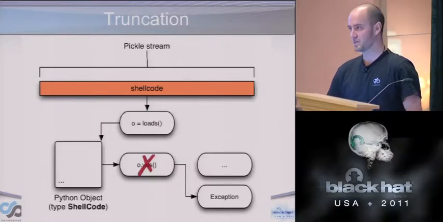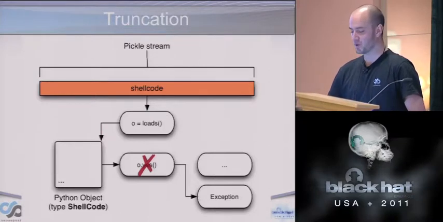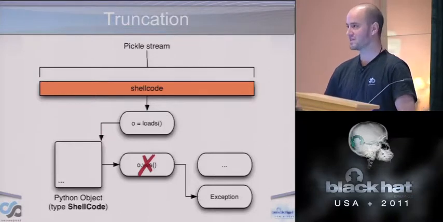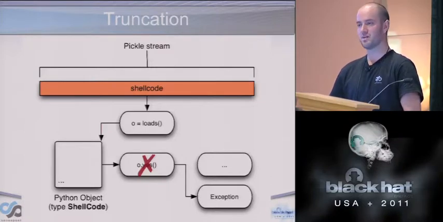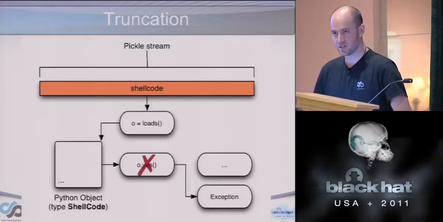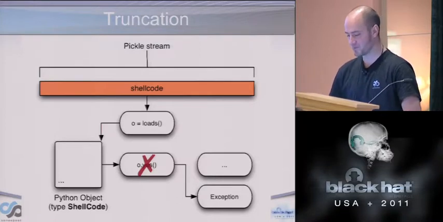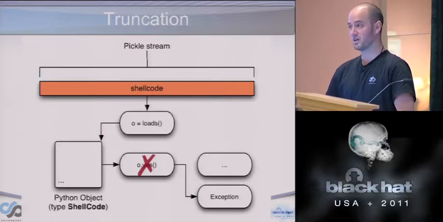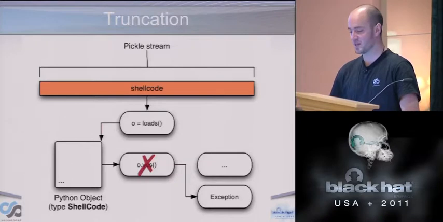Let's say that object is of type Shellcode. Later on in the original Python program, when it tries to call o.yes, unless the Shellcode class has a yes method, you will get a no attribute error, an exception gets thrown, and the program dies. So even though your shellcode executed, the outer Python program died at a later point.